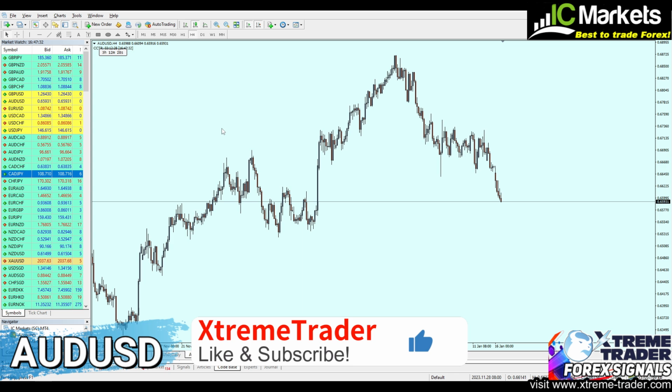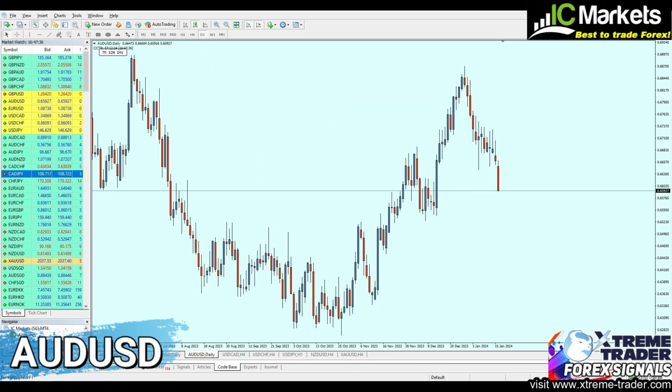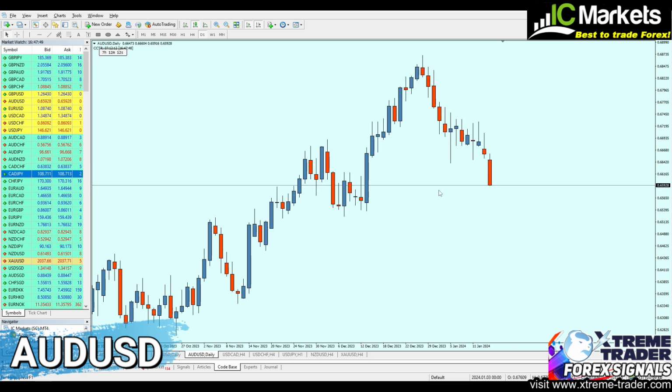I think it's really simple and clear to everybody that if we look right here at the daily chart, we're having here a very strong bearish movement, and the market has indeed broken out from this level of a support at the bracket of 0.66300. Now, most likely right now, the AUDUSD by tomorrow, Wednesday, first of all, this candle right here still has about 7 hours for the closure, the daily candle.